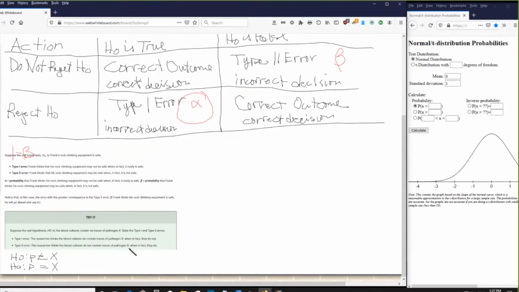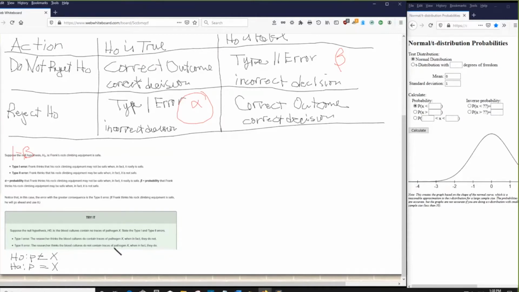So in this one, the type 1 error would be that we reject that it's true that there isn't any, that it doesn't contain it, but we reject it, we think it does.